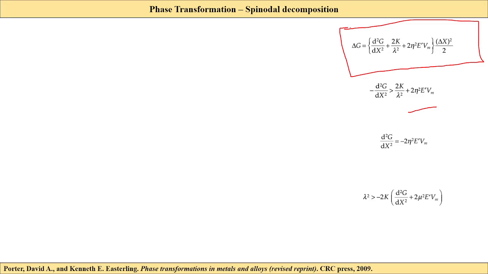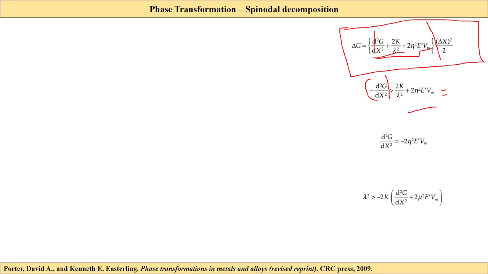And for this relation to be negative, if I try to equate this whole equation to 0, then this term, sorry, that term is negative. If I multiply that term with the negative sign, it will become positive.